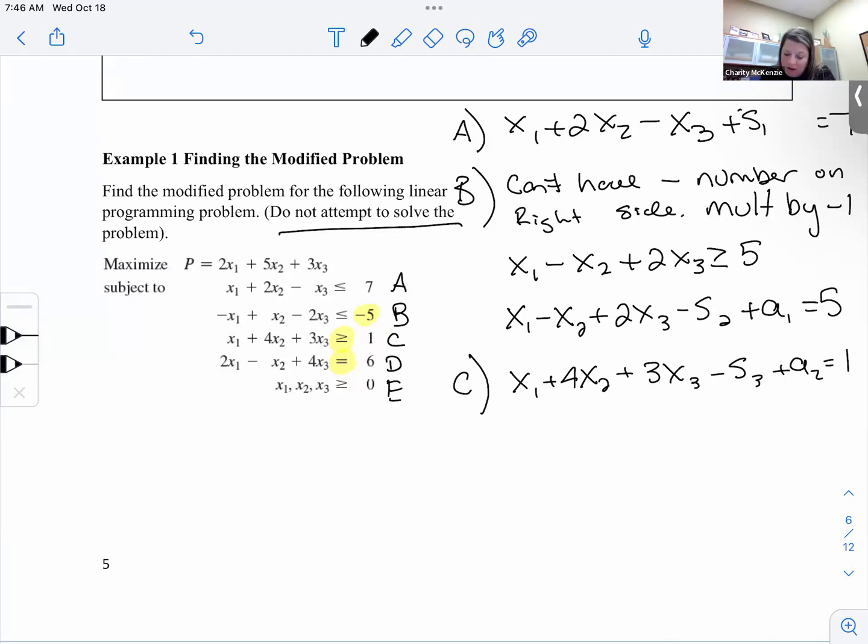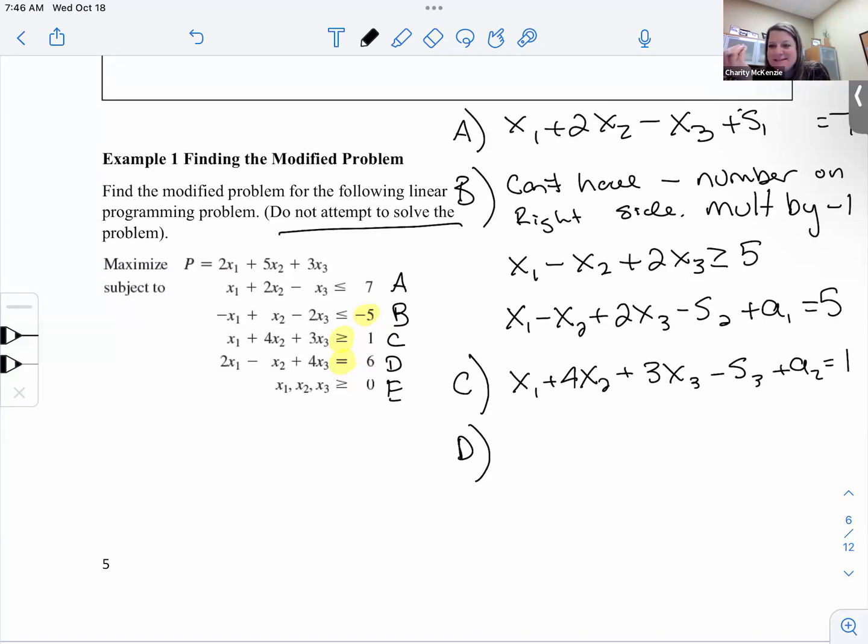What do we do on D if it has an equal sign? Well, if it has an equal sign, then we just introduce an artificial variable. Why don't we need a slack variable if you don't have a greater than or equal? Because slack picks up, like when we say it's less than, we might have a little between the highest you can be on that less than or max or greater than.